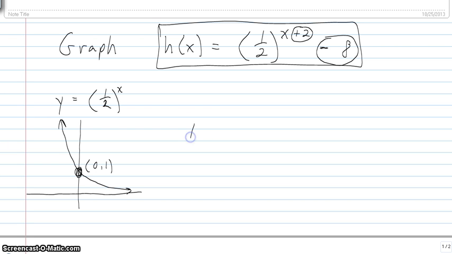So we're going to go to the left by 2 and down 8. So if I take this point left 2 and down 8, let's see, that's going to put me at -2, -7, so way down here somewhere.